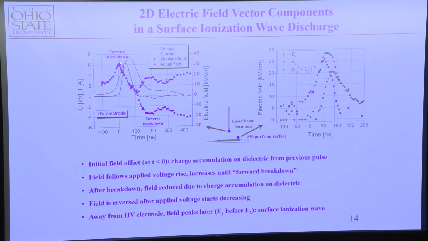After breakdown, the electric field goes down. But suddenly the electric field becomes reversed when the voltage is still going down. That means a lot of charge is building up on the surface. They create a reverse electric field, right? If you don't measure it, you don't even know these things are happening.